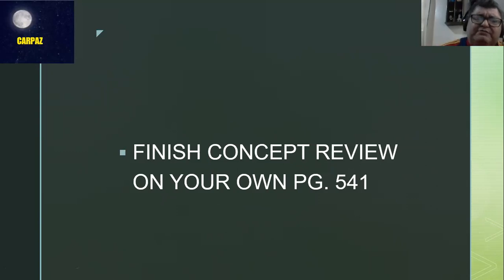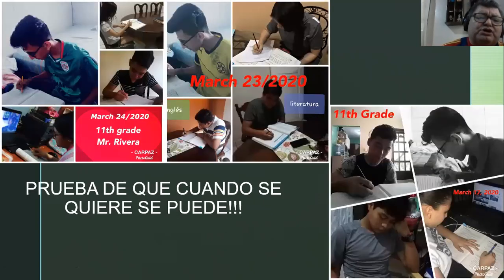And before I leave, guys, I want to show you some pictures of the work that you have sent. See, it's amazing how I see Cesar in the 3 pictures. One is of March 17, the other one March 23rd, the other one March 24th.